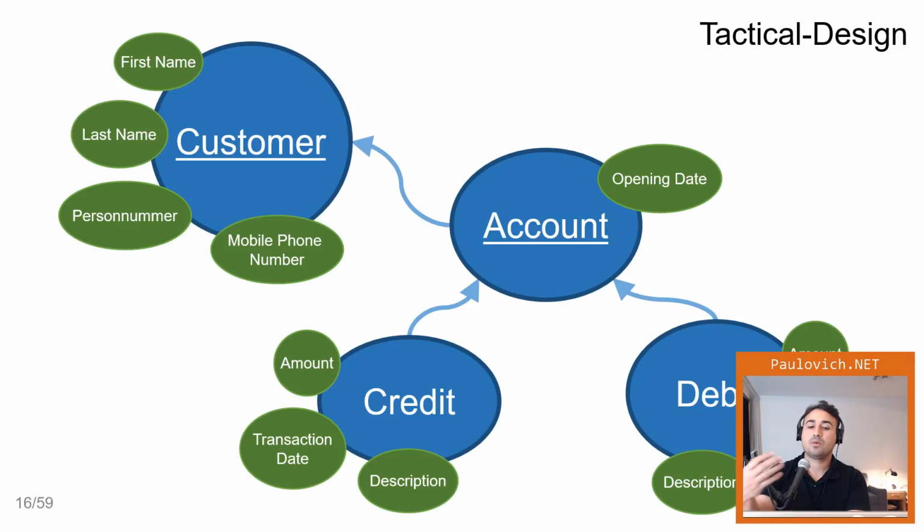You need to go into the account and check for some constraints. So the account controls the integrity or the consistency of the credits and debits because it knows the balance. On the other hand, the customer aggregate controls the consistency of these other properties, like the simple value objects.